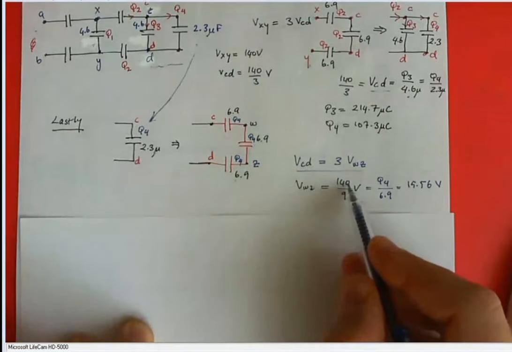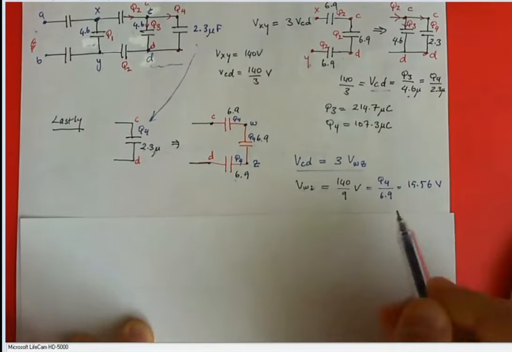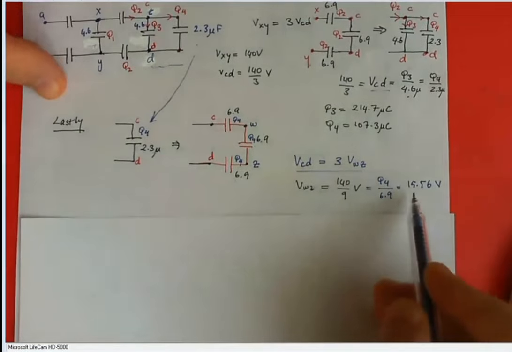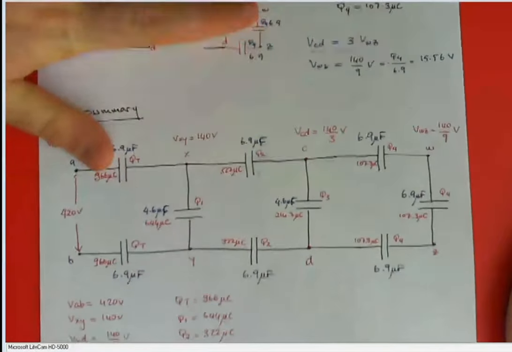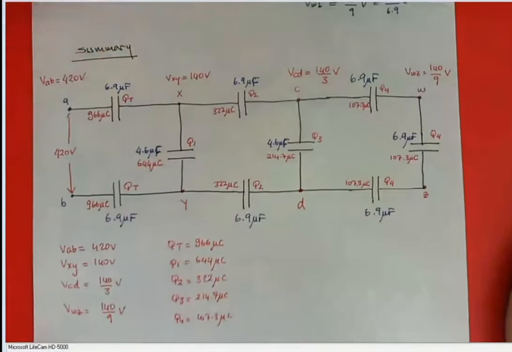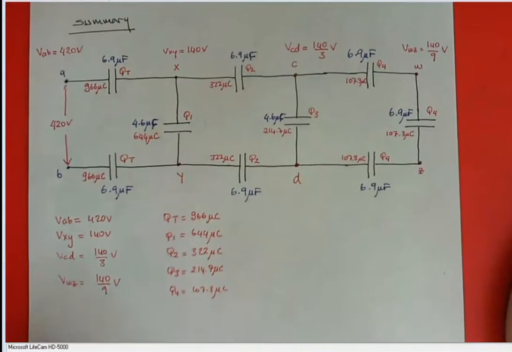So that would be 140 divided by 9, which makes up to be about 15.5. So that's the summary of the question.